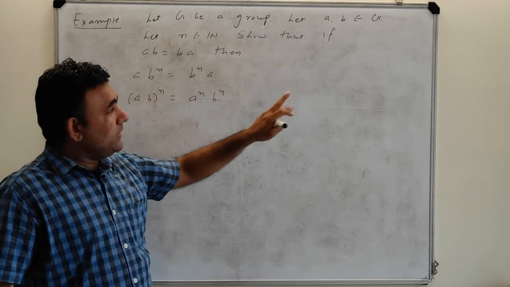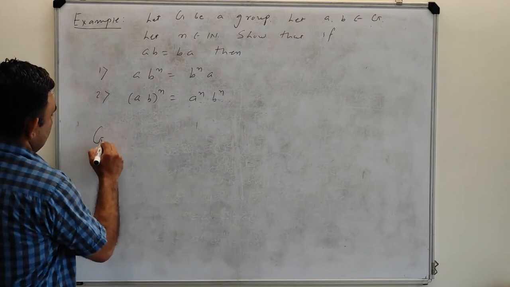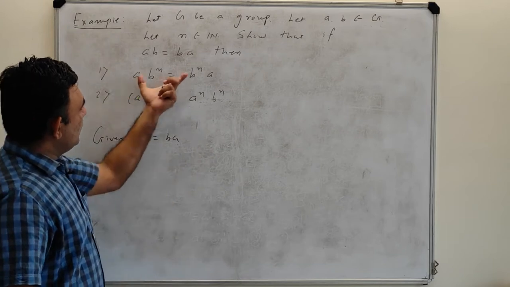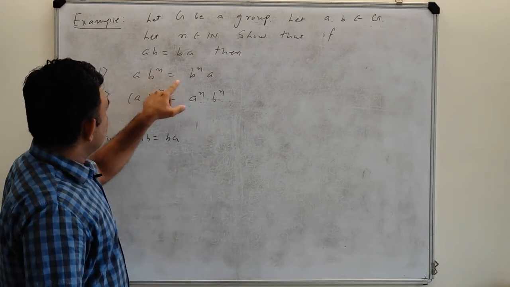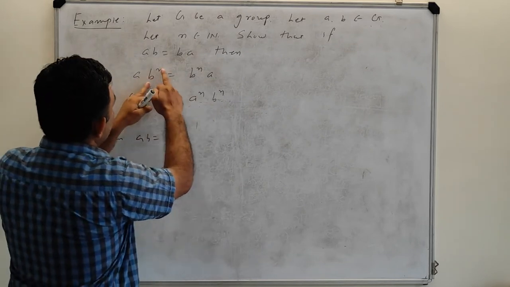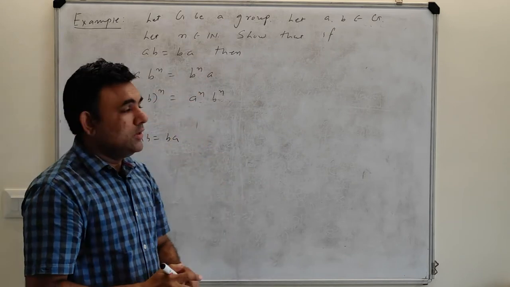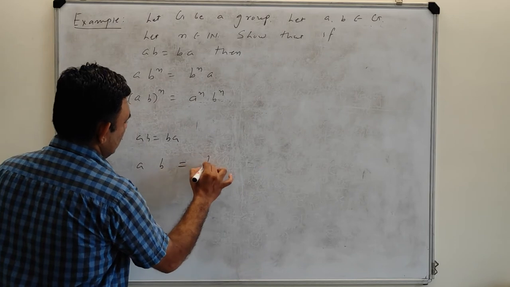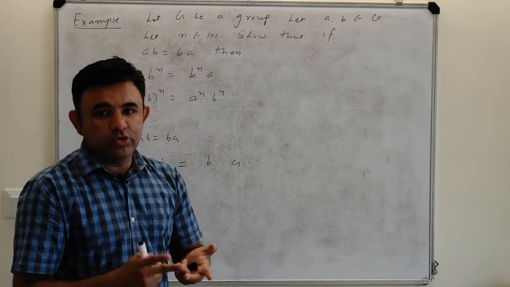Then show that if ab is equal to ba, so this is given, then you prove these two things. (ab) raised to n is equal to b raised to n a, meaning a and b to the power n commute. See, I have given only that a and b commute. ab is equal to ba means a and b commute.